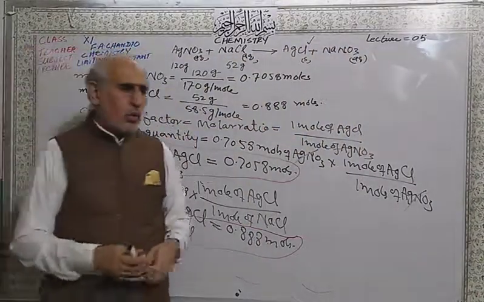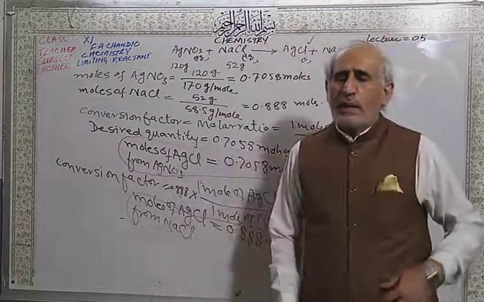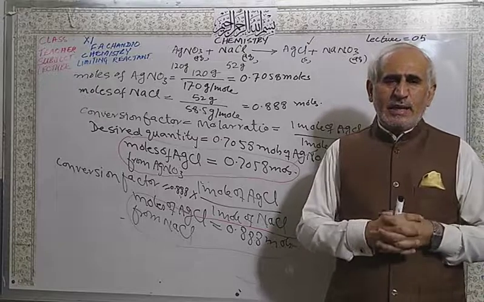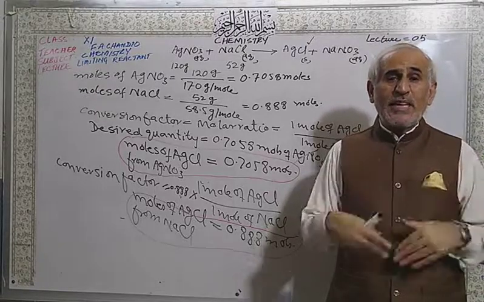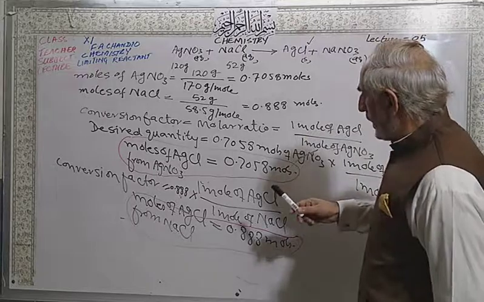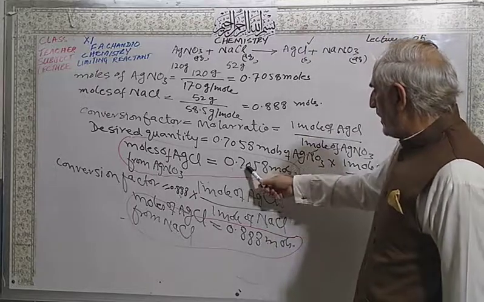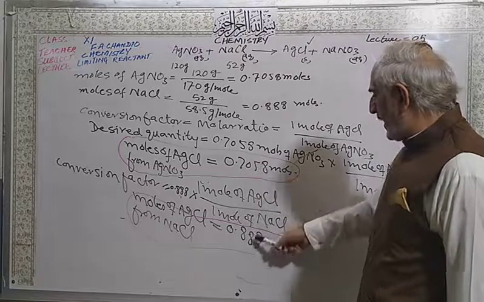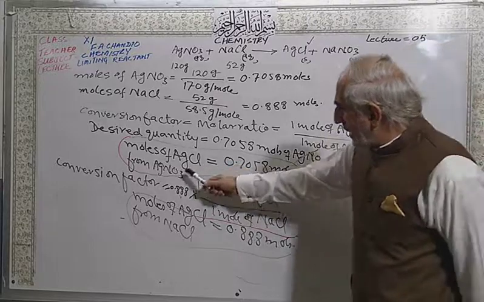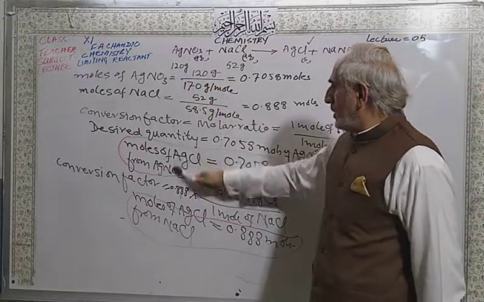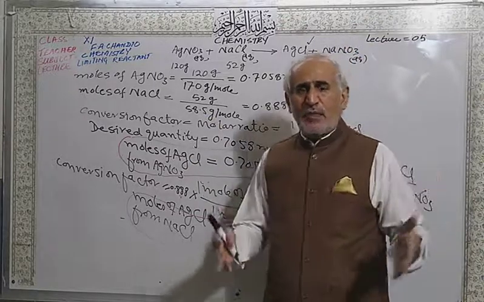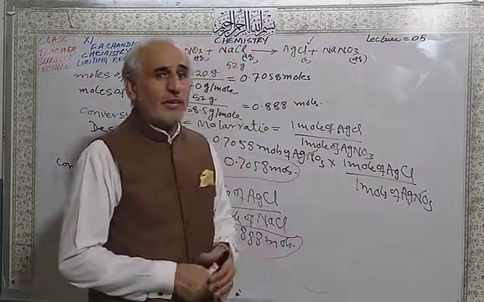As you did in the one example yesterday, the substance which gives the least number of moles of the product is called the limiting reactant. So that is why 0.7058 is less than 0.888 moles, and silver nitrate is the limiting reactant. The name of the limiting reactant is silver nitrate.